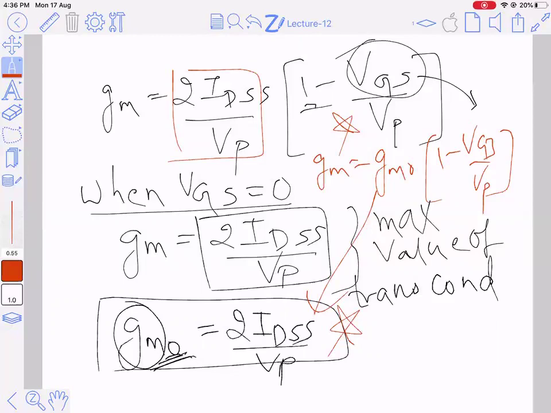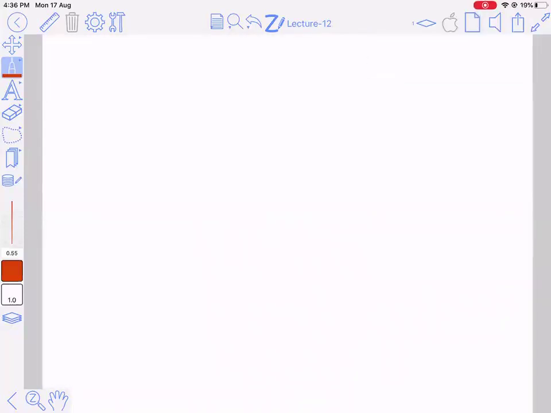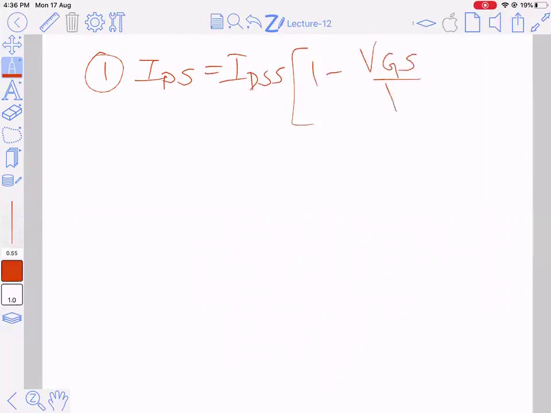Very, very important for our further modules, so you should be thorough with the formula. So what formulas have we looked at? First is the Shockley equation: IDS is equal to IDSS into 1 minus VGS upon VP, the whole square.